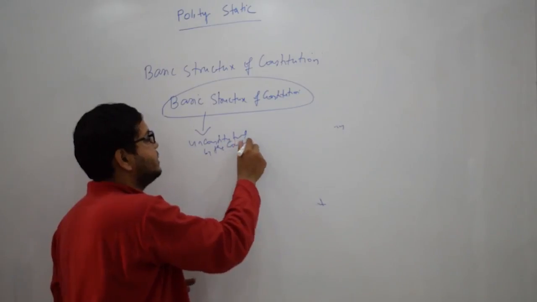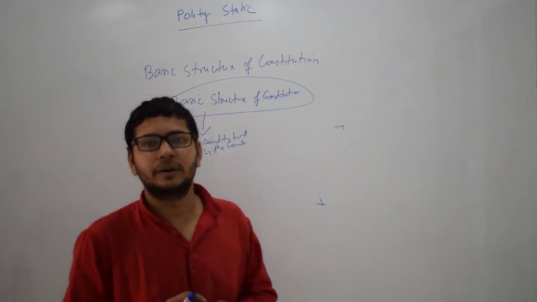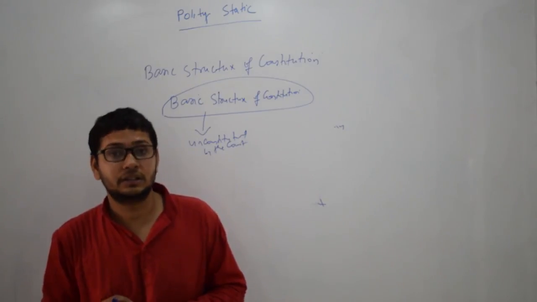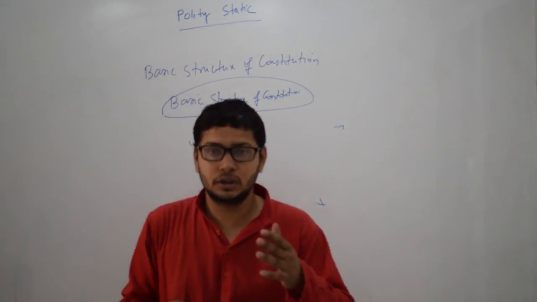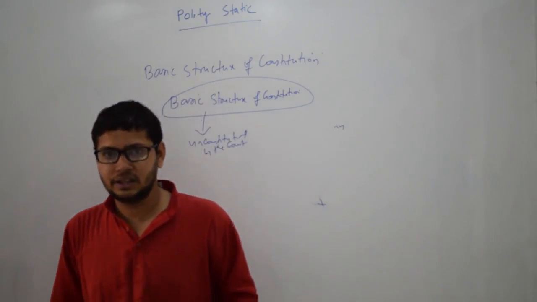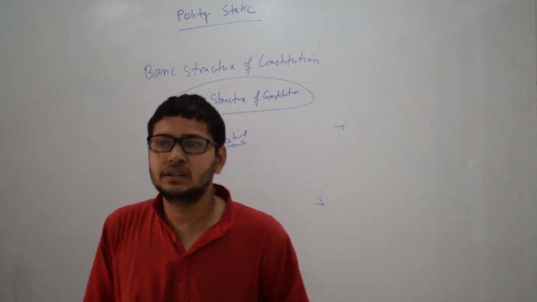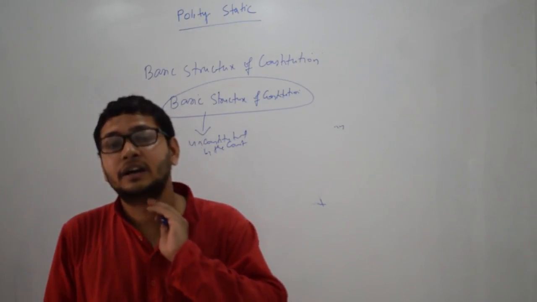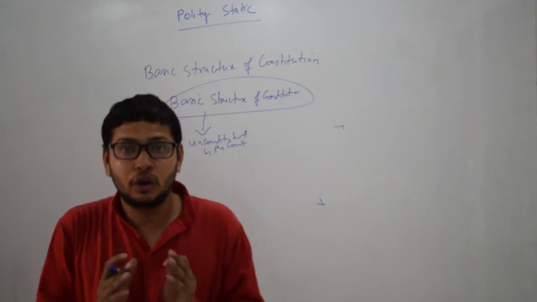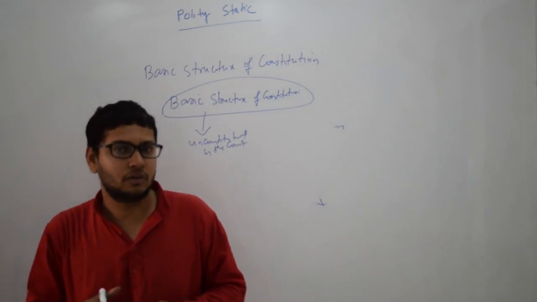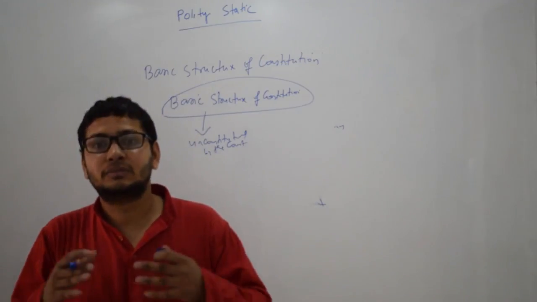So in 1993, when the central government dissolved the assemblies of the UP and MP governments, the Supreme Court said that yes, secularism is part of the basic structure. These governments violated the basic structure by not following secularism, and therefore they were fit to be dismissed.